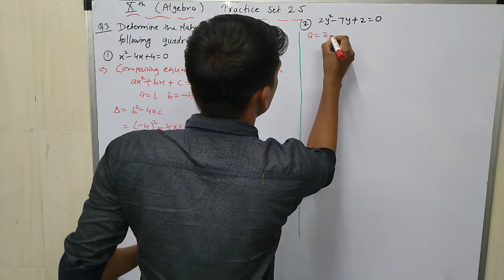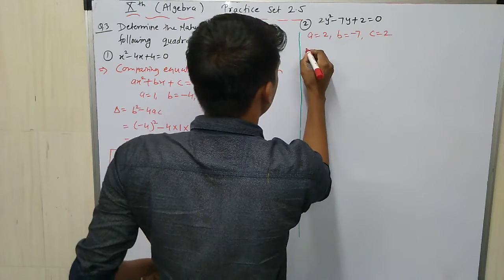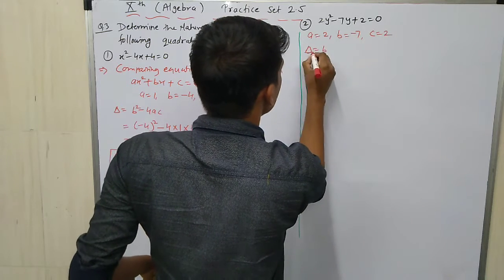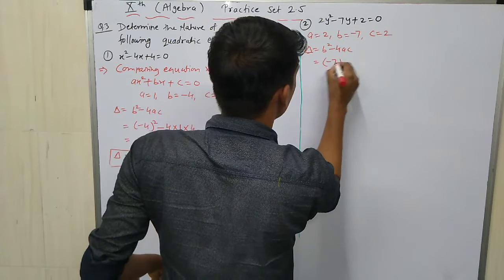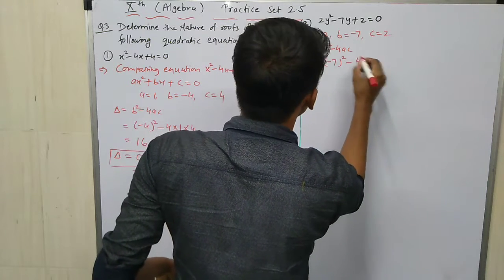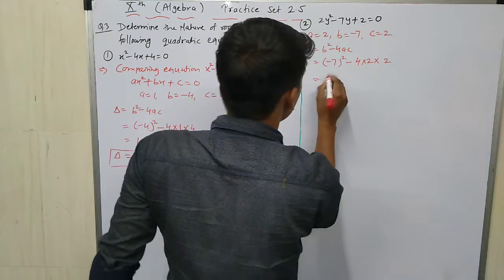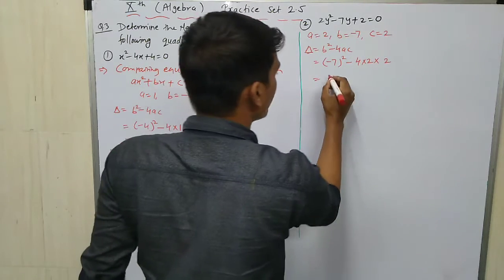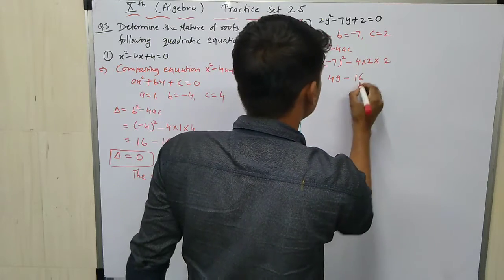There, a is equal to 2 and b is equal to minus 7 and c is equal to 2. Then put delta is equal to b square minus 4ac: minus 7 whole square minus 4 into a value, 2, into c value, 2. Minus 7 whole square is 49, minus 4 2s are 8, 8 2s are 16.